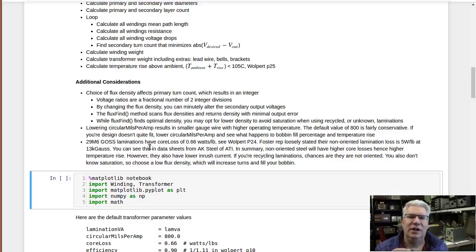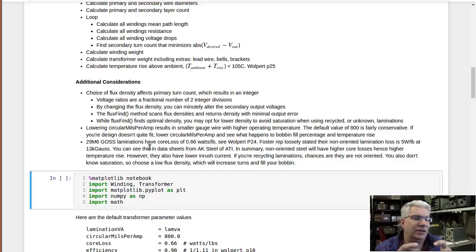And what that does is it keeps your transformer cool, because the copper itself can dissipate the heat from the voltage loss. Having larger copper ends up taking more space in your bobbin, but it lowers the resistance. So there's a lot of trade-offs right there.